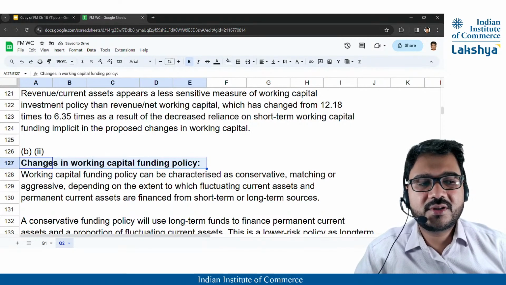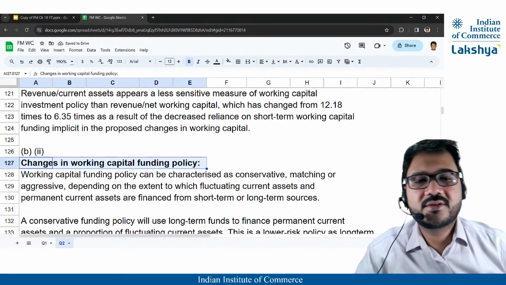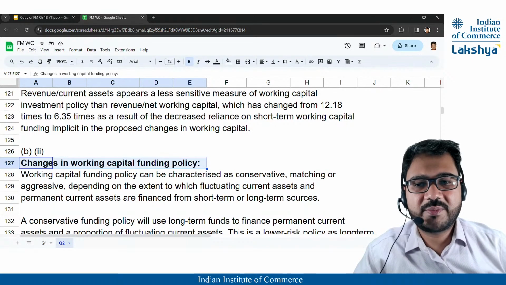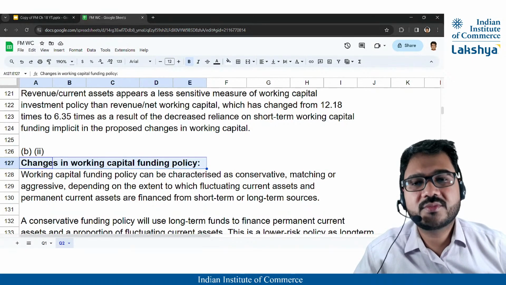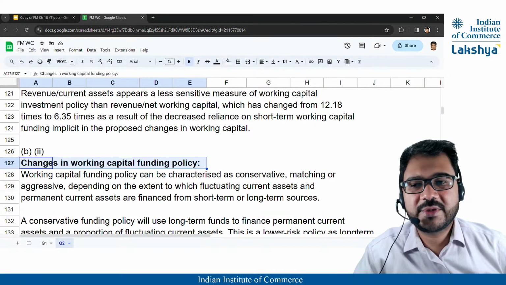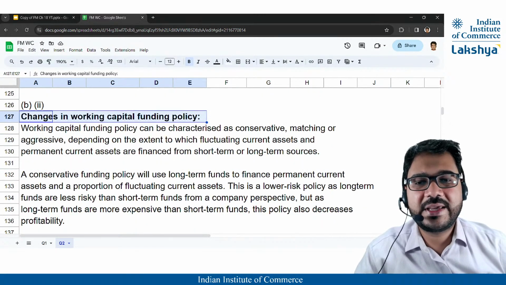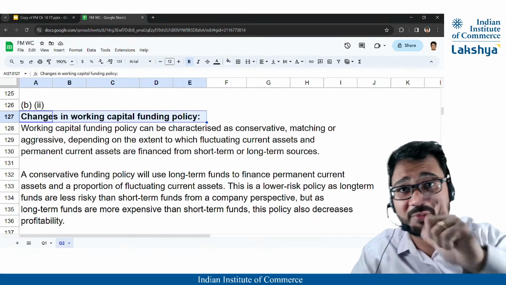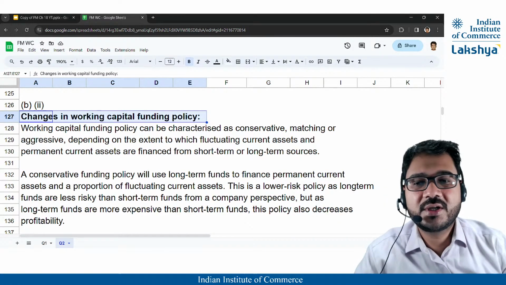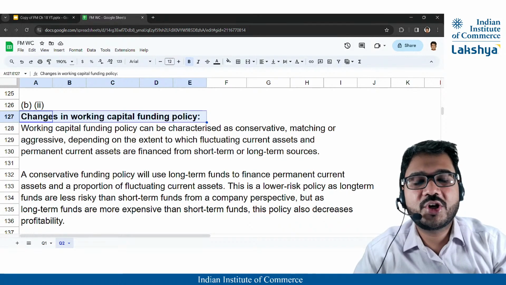Very similar, that is, how are you funding the working capital, by long-term liabilities or short-term liabilities. So working capital funding policy can be characterized as a conservative, matching, or aggressive approach depending on the extent to which the fluctuating current assets and permanent current assets, I hope you remember fluctuating and permanent, are financed through short-term or long-term sources.